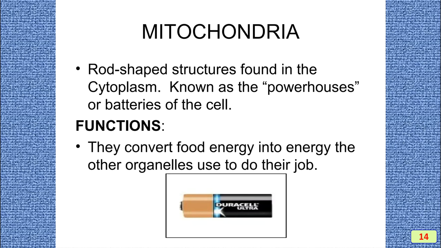Then mitochondria is the energy store of the cell. For example, if you take any electronic material, the battery is the life of it, the powerhouse. So it's a rod-shaped structure found in the cytoplasm, known as the powerhouse or battery of a cell, and it converts food into energy that other organelles use to do their jobs.